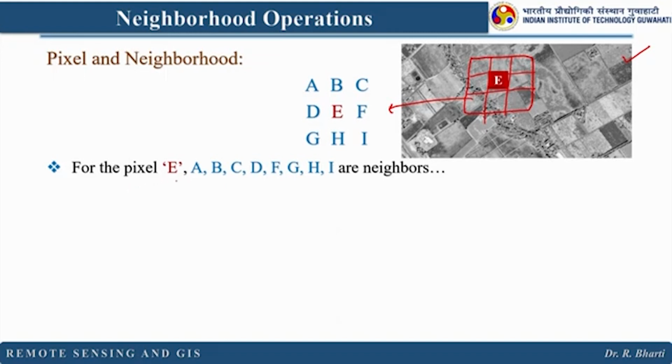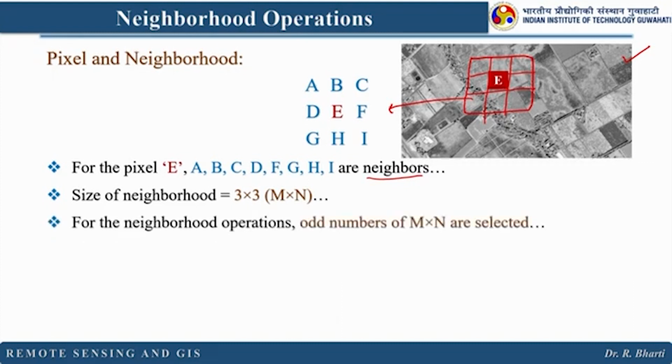So for the pixel E, A, B, C, D, F, G, H, I are neighbors, and the size of the neighborhood is 3 by 3. For the neighborhood operation, odd numbers of m into n are selected. So if you want to increase this neighborhood size, it will be 3 by 3, 5 by 5 or 7 by 7.